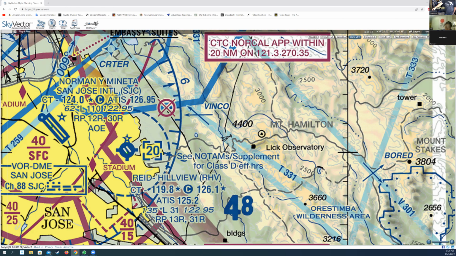Okay, can you read the symbology here that says Reid-Hillview Airport, RHV? Now above it, you have a number inside a box, right? Yeah, 20. So how high does that Class D airspace extend?